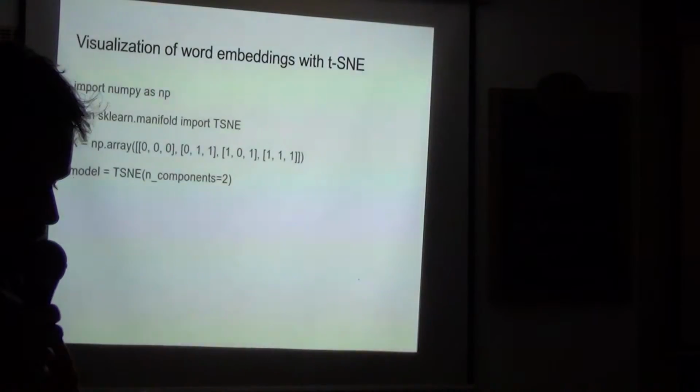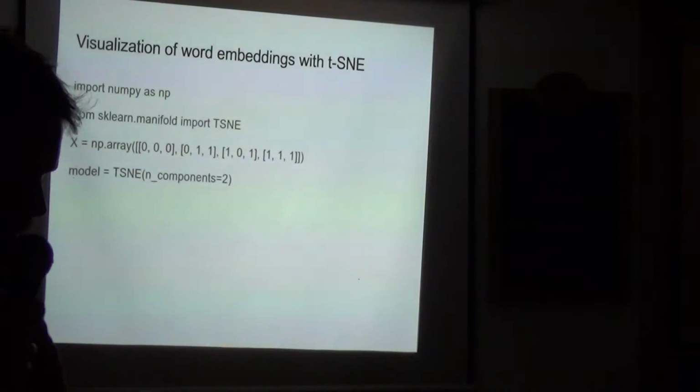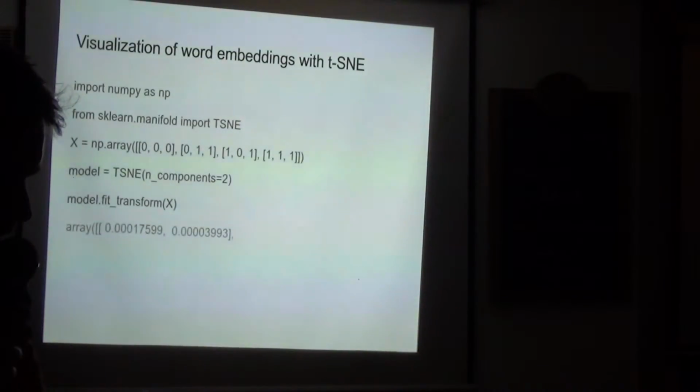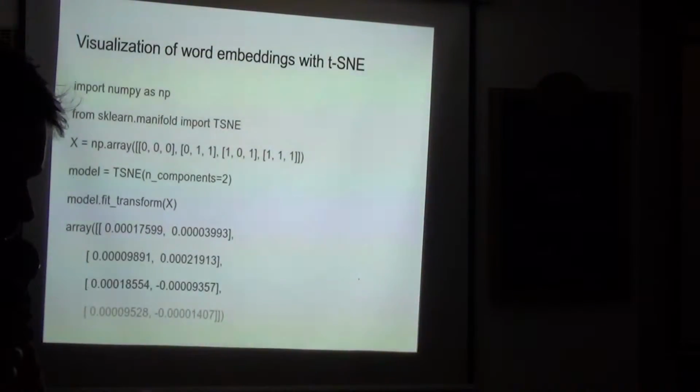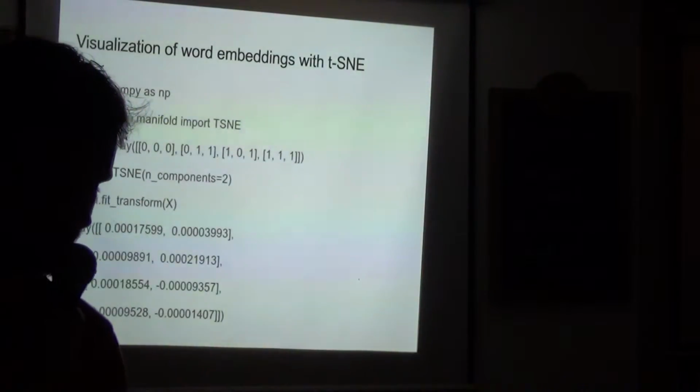We create some object tsne where we tell it that it should have 2 components because we want it to display in the plane, in 2D plane. So we fit it, and we get resulting coordinates of every vector.